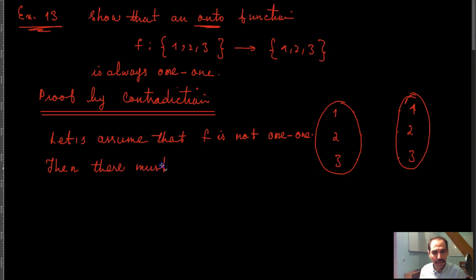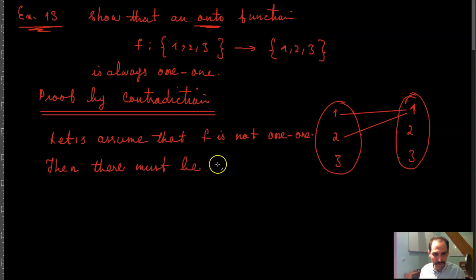Of course, 1-1 means that every distinct element of the domain has a distinct image in the codomain. So if it's not 1-1, then there must be at least two elements in the domain that have the same image in the codomain, meaning that, for example, something like this, right? So that makes this function not 1-1.